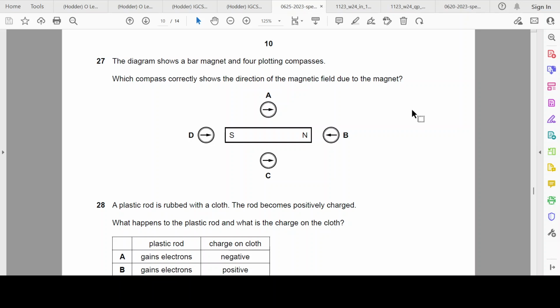Which pole does the arrow represent on the compass? Forget the bar magnet. If you just had the compass and you had it pointing in some direction, what direction would that be?